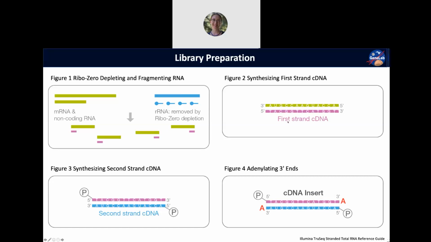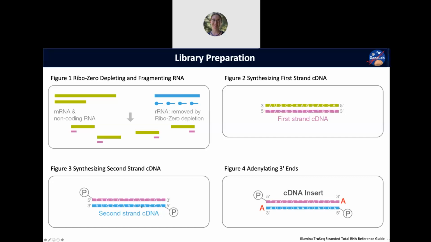And then when you make the second strand of cDNA, so basically after this, there's an RNase-H step that I didn't mention that actually gets rid of the template RNA. So that way you're just left with this first strand cDNA. And then that goes through another synthesis to create the second strand of the cDNA molecule.